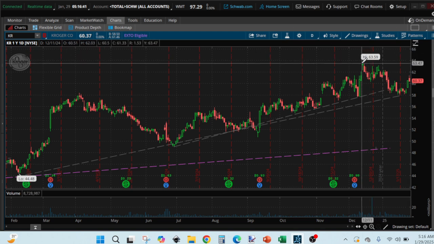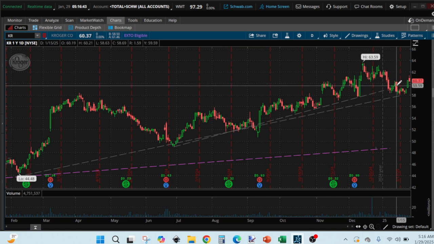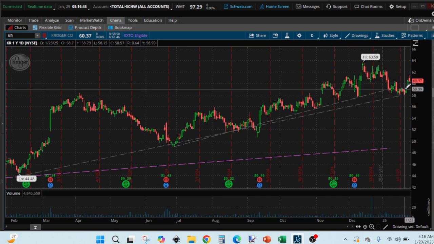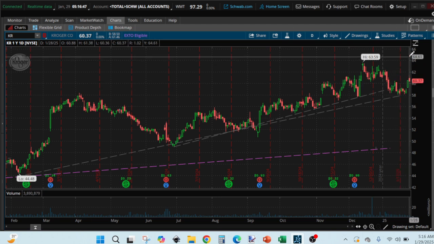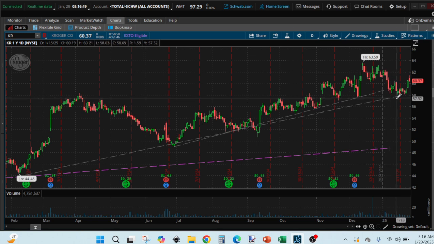When it reaches a new high, it pulls back and then we'll repeat it again. But getting it there will be a short uptrend line.